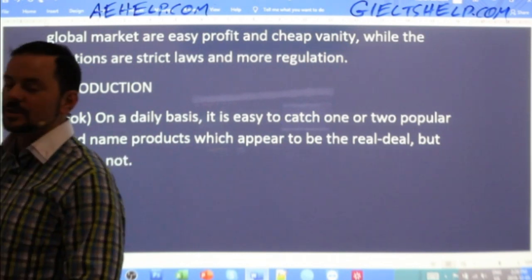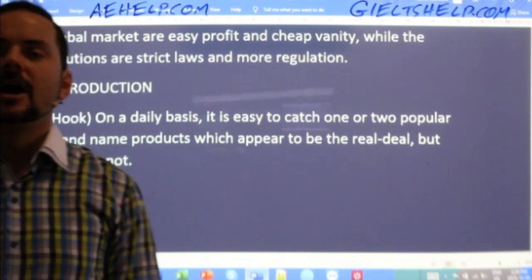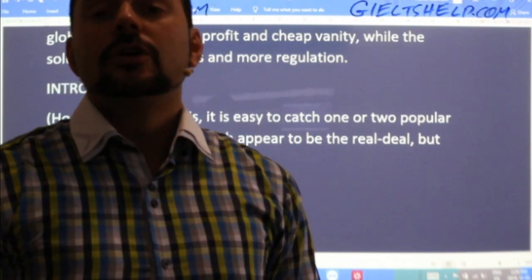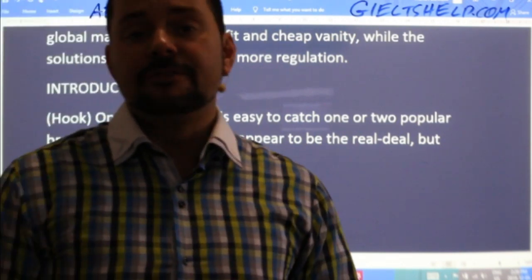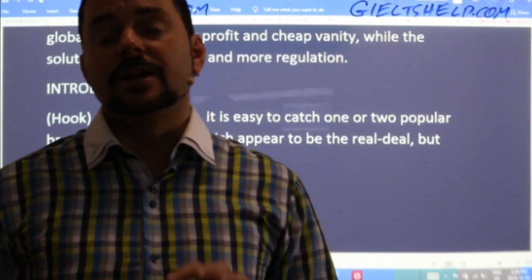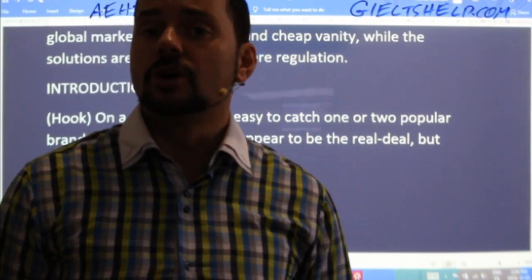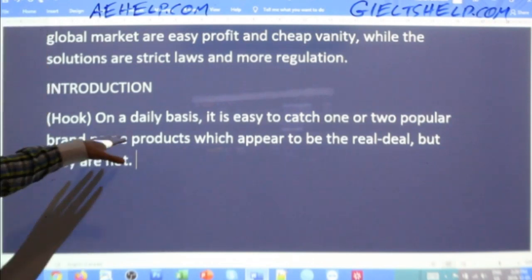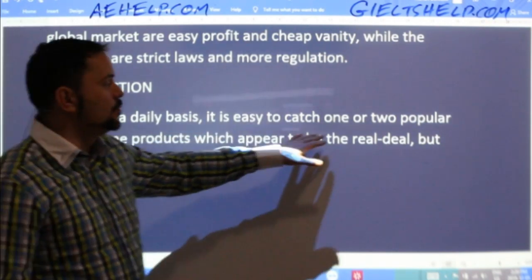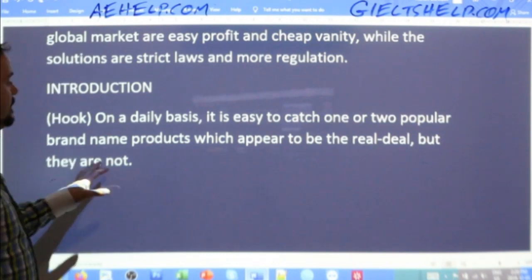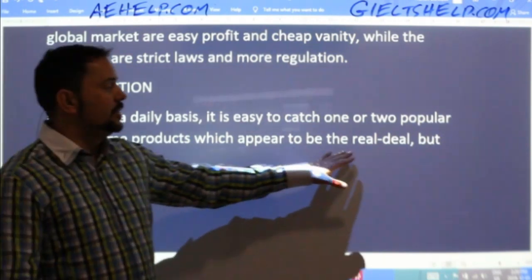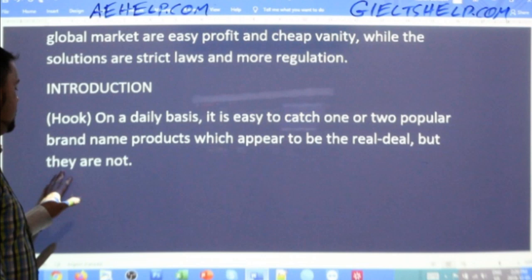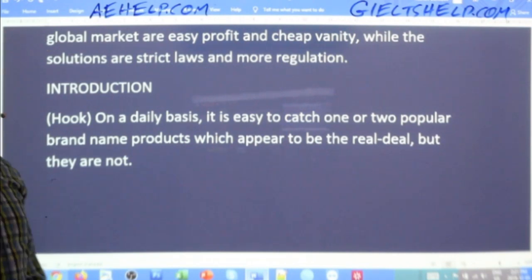All right, so I went with a little bit of a fancy hook here. Students, only write a fancy hook if you're absolutely sure that you're writing it correctly. Otherwise, just keep your hook simple, okay? So this is my hook here. On a daily basis, it is easy to catch one or two popular brand name products which appear to be the real deal, but they are not, okay?